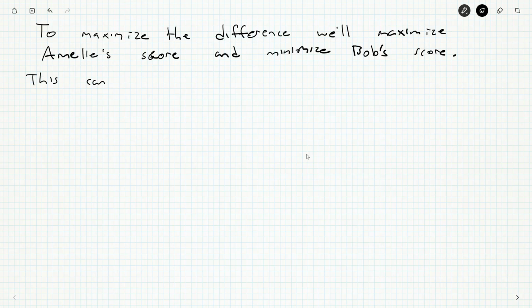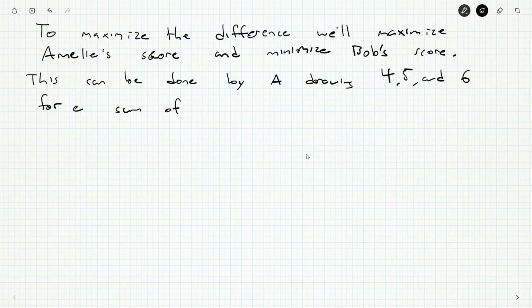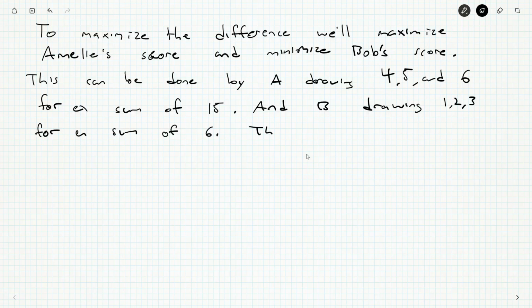This can be done by Amelie drawing 4, 5, and 6 for a sum of 15, and Bob drawing out of the hat 1, 2, and 3 for a sum of 6.